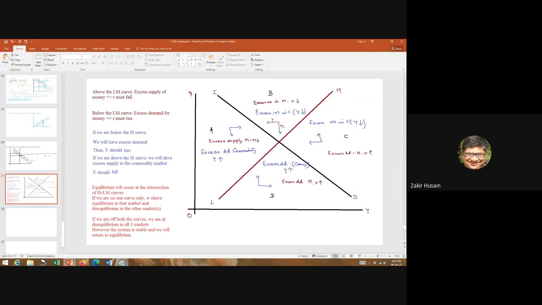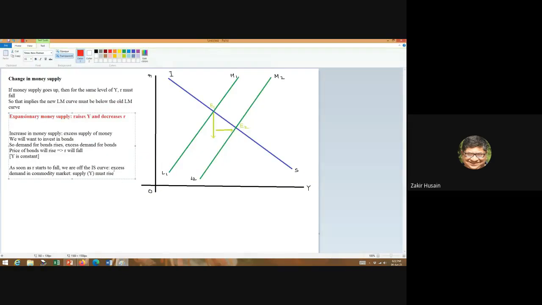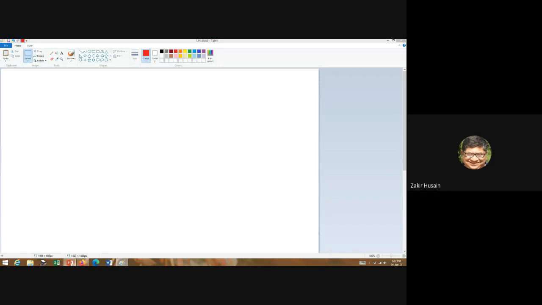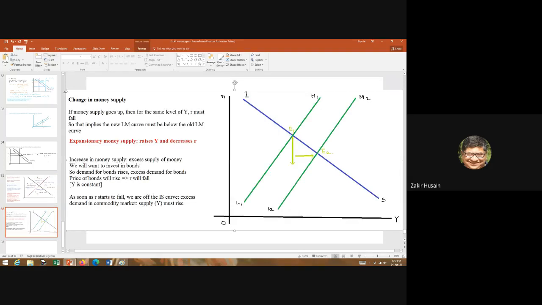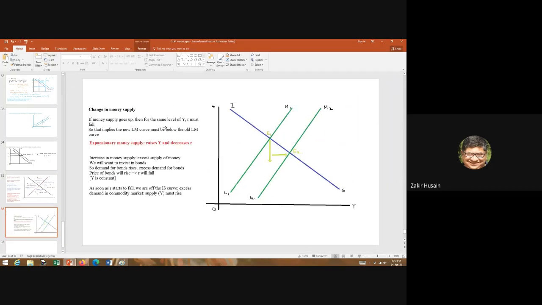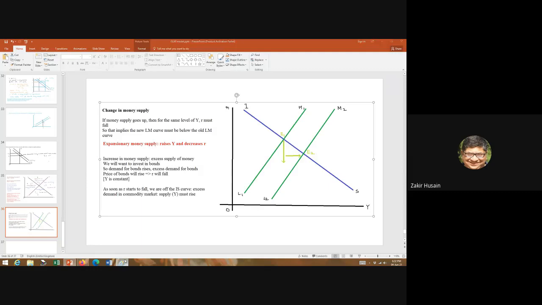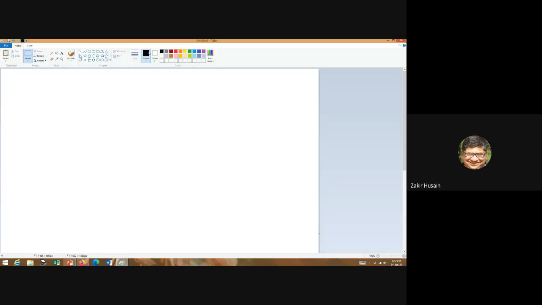Okay, is this clear? Any questions about this? Now, remember one thing: what I've drawn is the normal portion of the IS-LM curves.